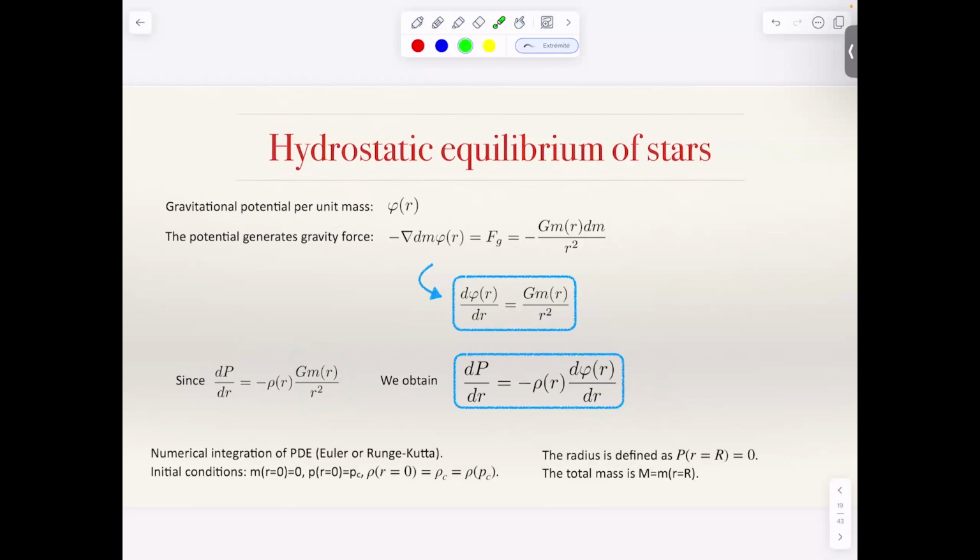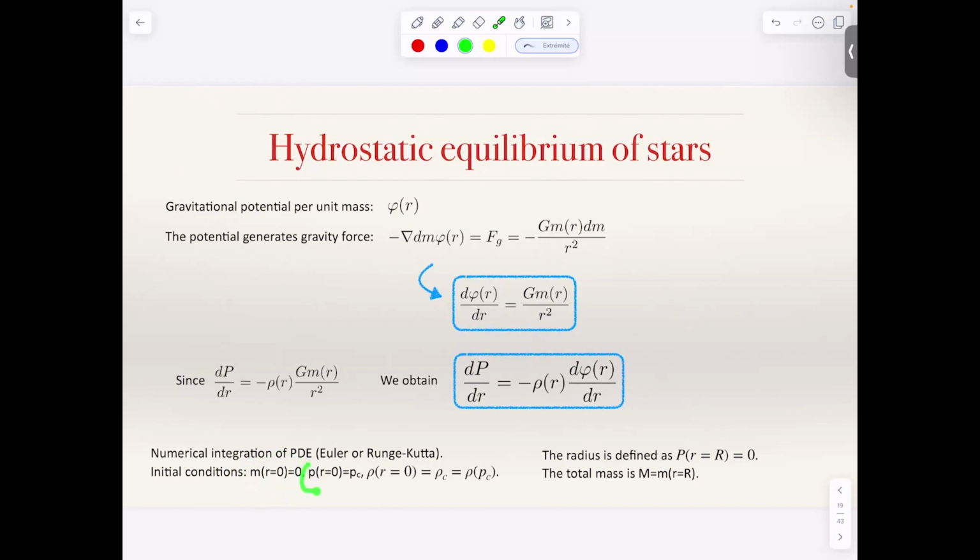Now, if you want to solve it, you solve it from the center of the star towards the radius, and you can use either Euler techniques or Runge-Kutta techniques, and you have to define the initial conditions. For instance, the included mass at the center is 0 because of 0 volume.